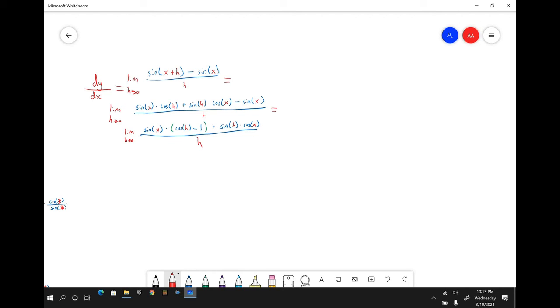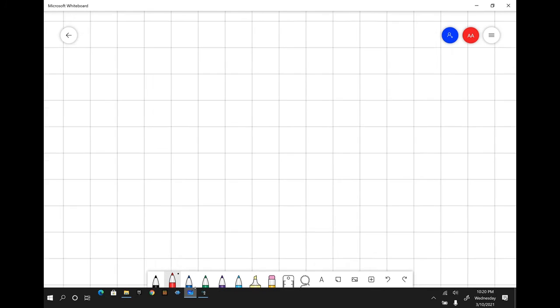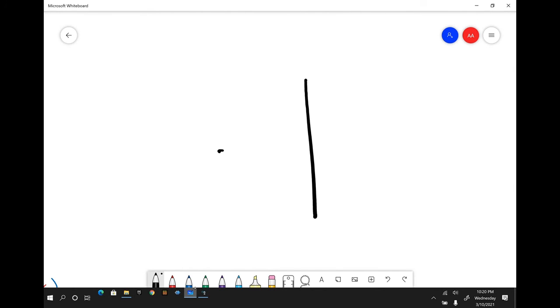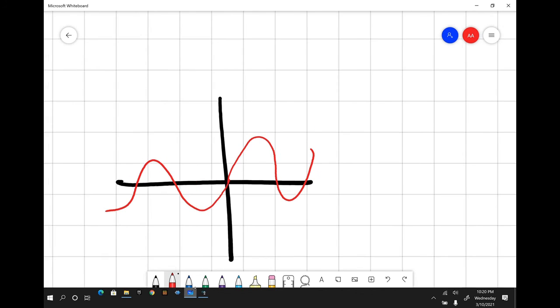And that's we need to know what the sine of h and the cosine of h are actually equal to. And to do that, we are going to graph them. So let's draw our function right here. So we'll have the sine of x looking something like this. So let's just write out our function.